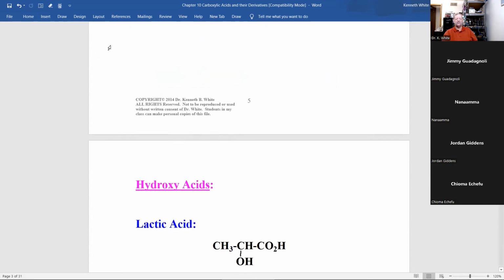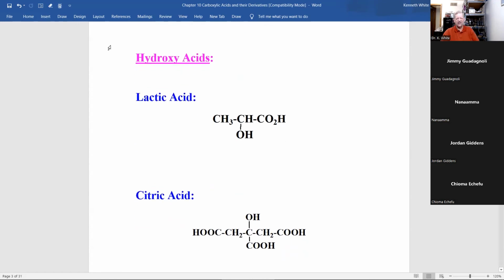All right, here's a couple of interesting things. Here's lactic acid. I'll never ask you what it is. How many of you have ever worked out with weights or running, and you feel that burning sensation in your muscles? Well, when your muscles are overworked, your body forms lactic acid.